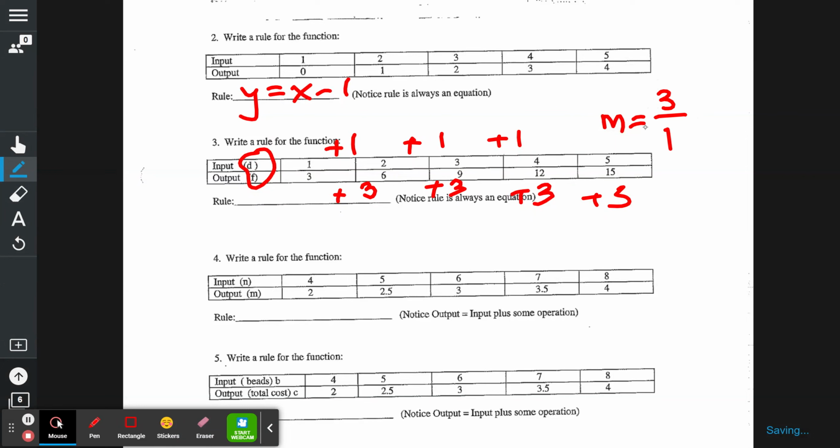My change in x is 1. So I know my rule is going to start out with y equals 3x. And then I go to test it to see if I have to add or subtract anything. And in this case, it works perfectly. 3 times 1 is 3, 2 times 3 is 6. But I didn't use the variables that were supplied, so I am wrong.